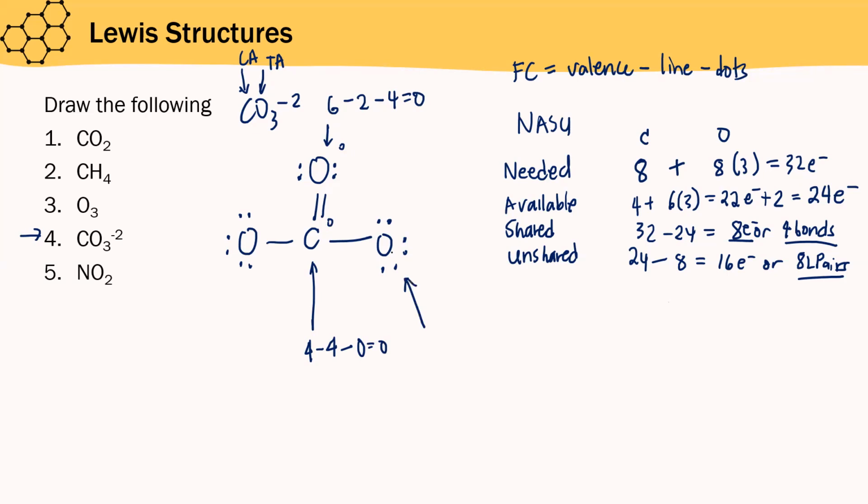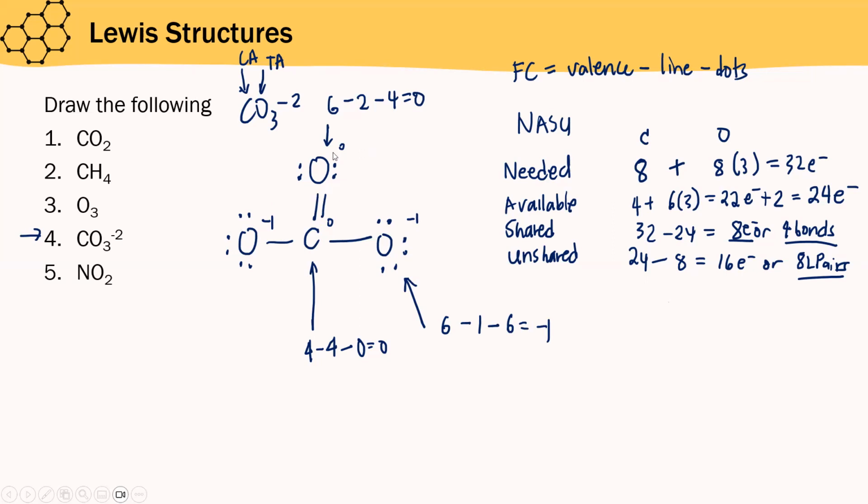How about this oxygen here? Valence, group 6. How many lines? Isa. How many dots? 6. So negative 1. I won't do the same here kasi parehas lang yan doon. So negative 1. So the charge of the molecule is just the addition of all the formal charges. So what is negative 1 plus 0 plus 0 plus negative 1? Negative 2. Ayun.